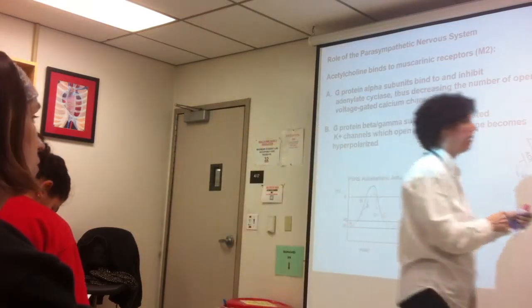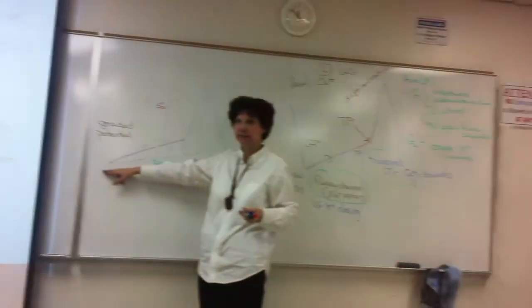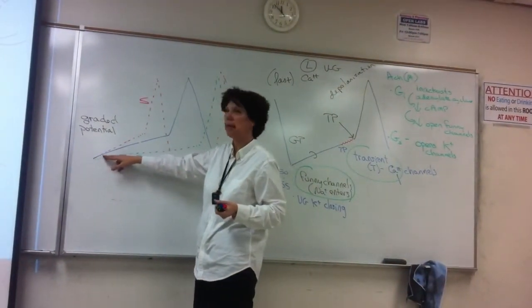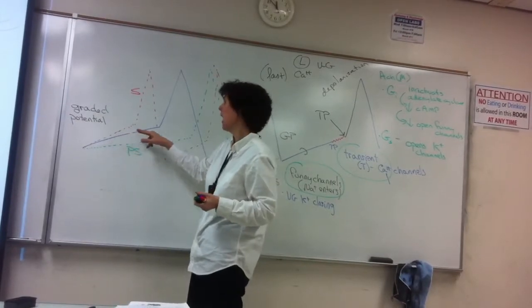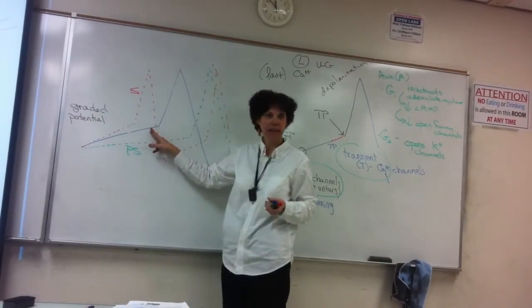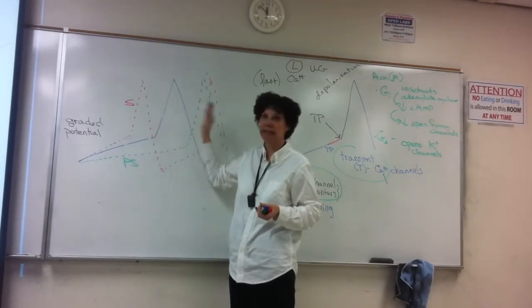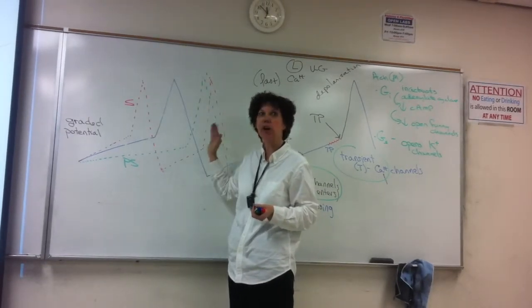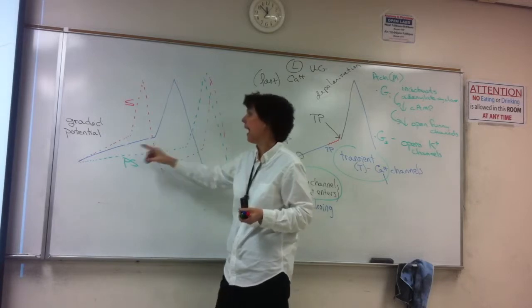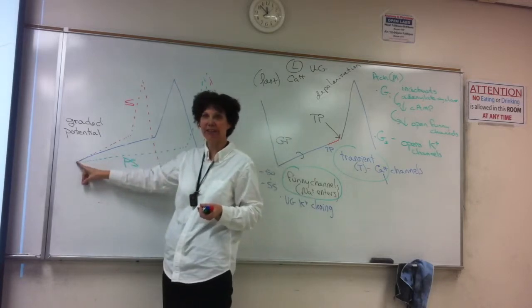So if we go back to our regular autorhythmic, what's triggering this is the funny current opens. Okay? And we add both positive sodium and calcium to reach threshold at 100 beats a minute. Acetylcholine comes along, and we have fewer funny channels.